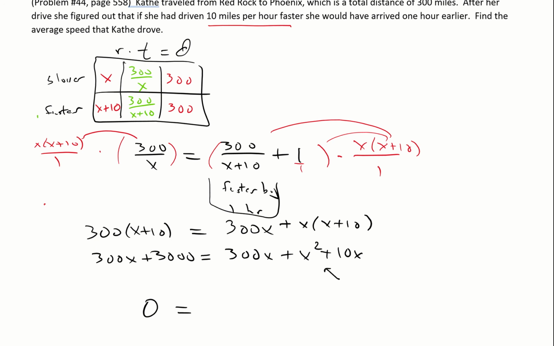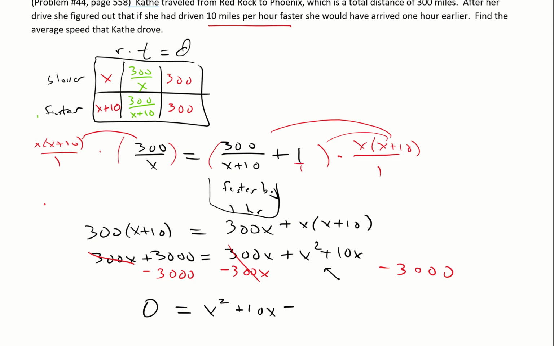To do that, we subtract 300x, and look what happens, it's all gone. And then minus the 3,000 over here. We end up with a quadratic that says x squared plus 10x minus 3,000 is equal to 0.